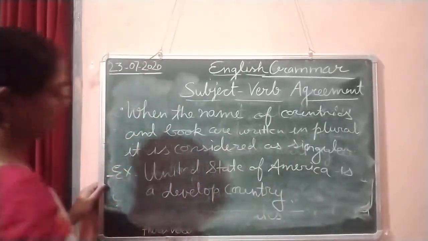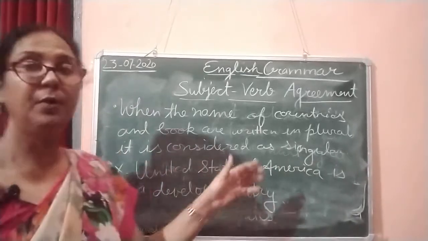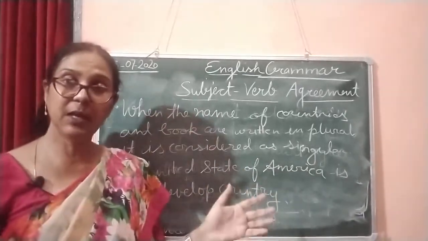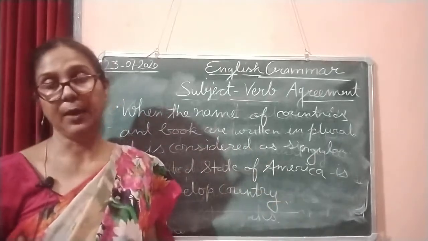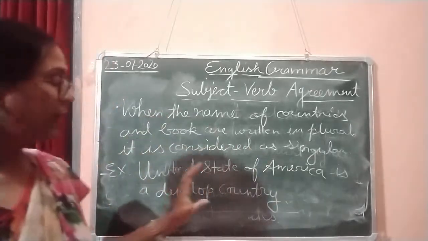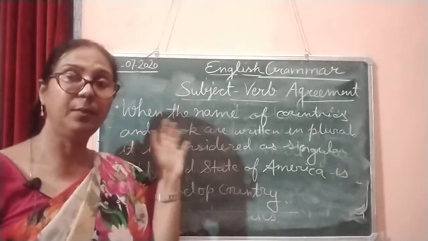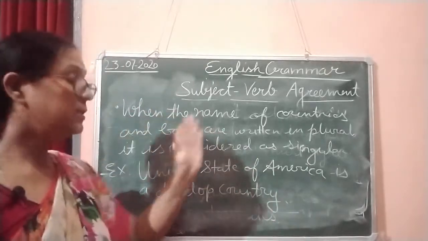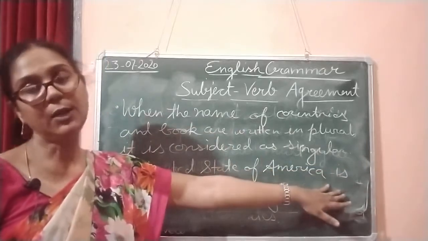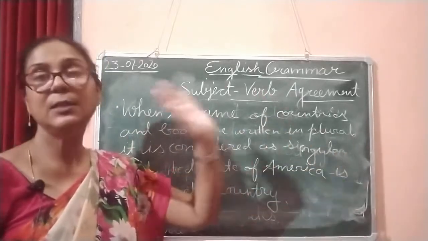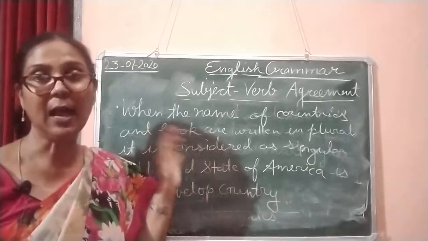Here you can see United States of America. There are 52 states and then it is called United States of America. So we are talking about the different states of America, but because it is the country name, United States of America, we will write over here a singular verb. It is considered as singular verb.